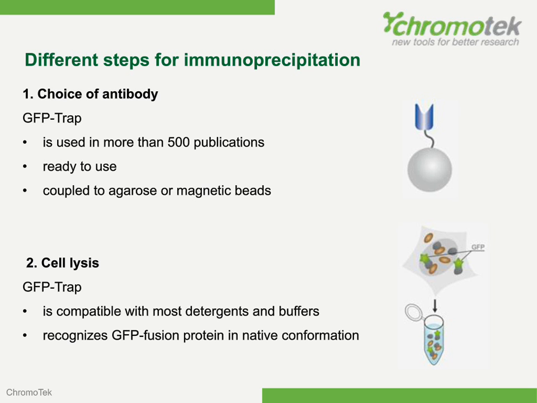The GFP-trap will also work in all standard lysis buffers. But even if you have to use a special buffer, the GFP-trap will probably work since it binds so strong to GFP. And the GFP-trap also recognizes the native form of your GFP protein.